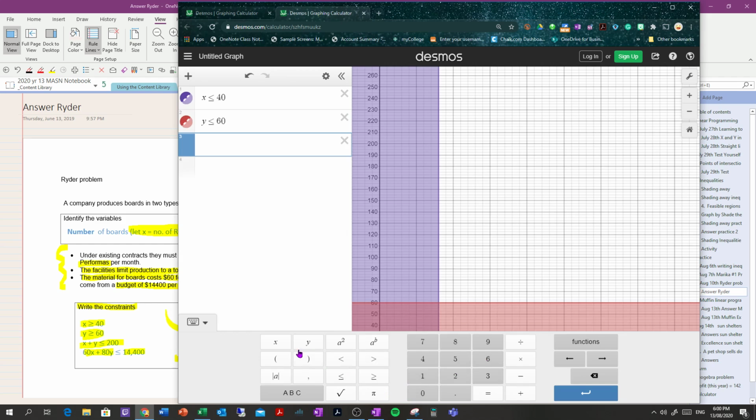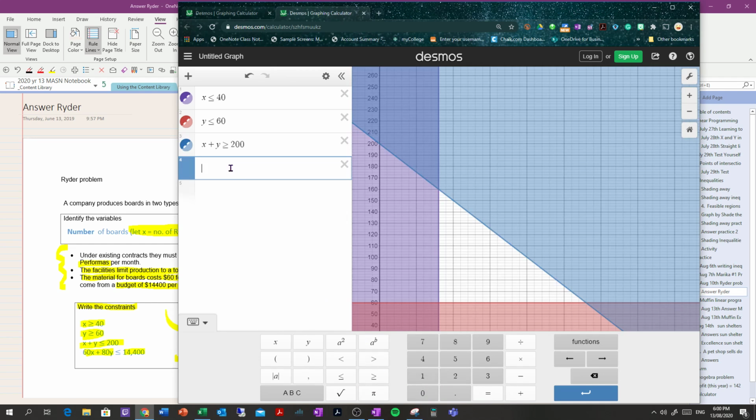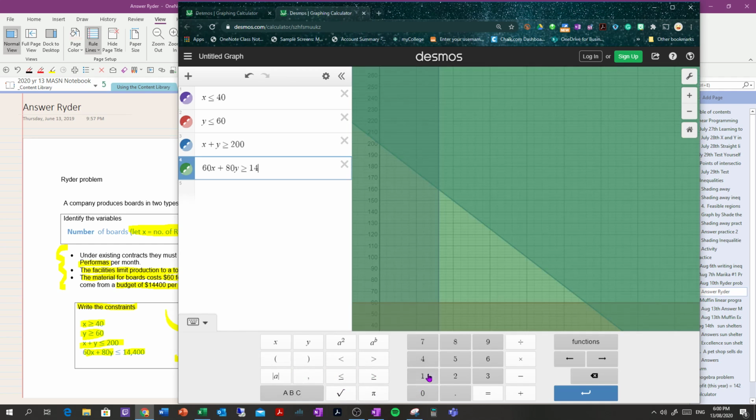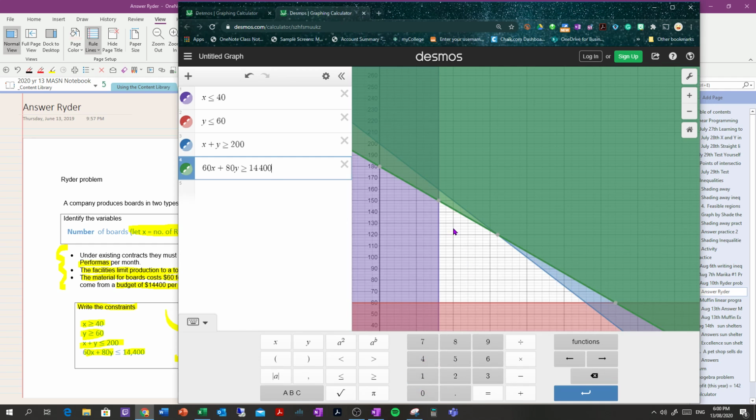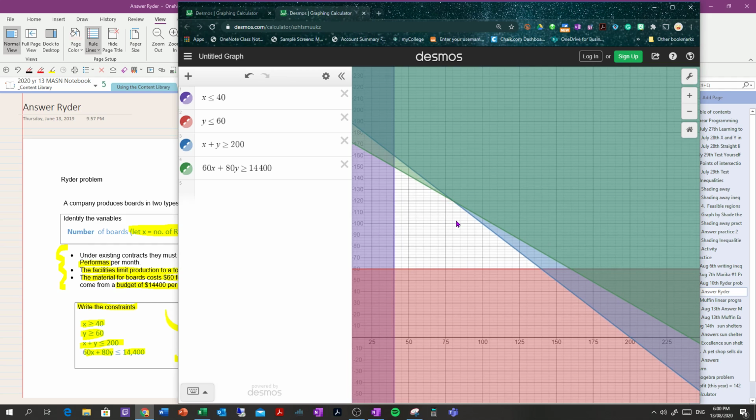And X plus Y, we have to flip the sign, so that's greater than or equal to 200. And then 60X plus 80Y, we flip the sign, is less than or equal to 14,400.